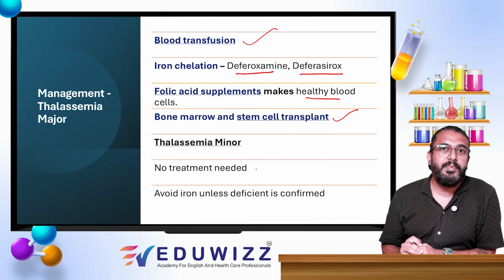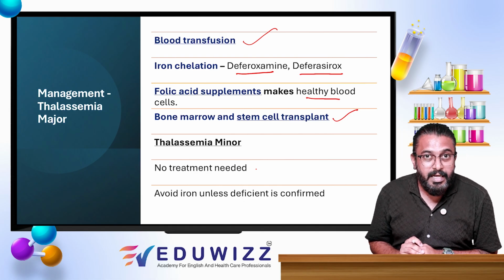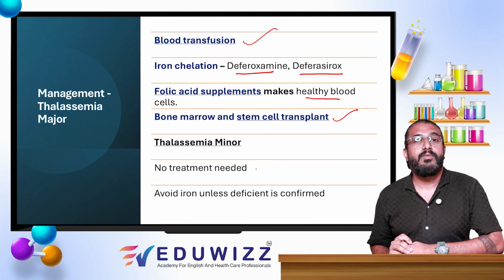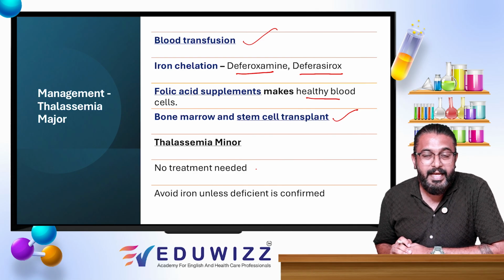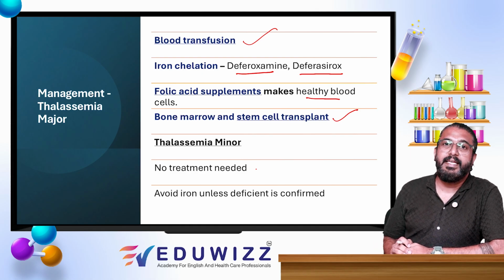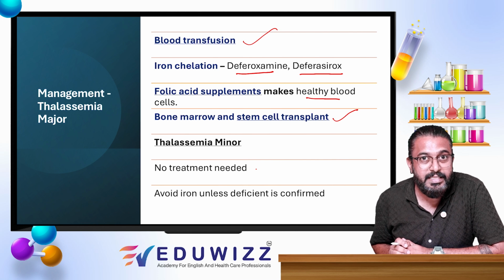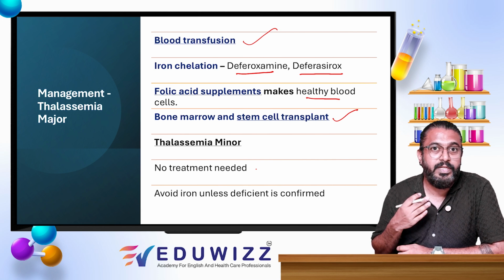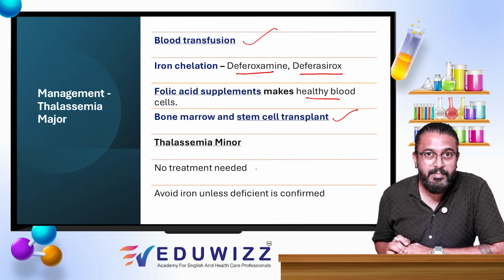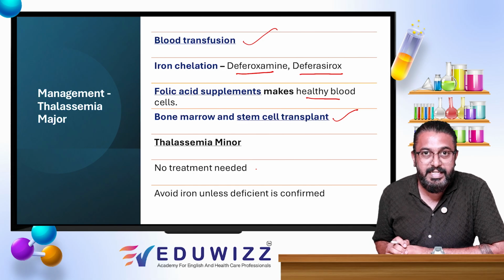And then because the baby will have decreased oxygen, decreased RBC, the child will have tissue hypoxia. So we need to supply O2, and the diet is also important. A high calorie, high protein diet should be given along with folic acid supplements, because folic acid, as we discussed already, is for healthy RBC formation, and because the patient is having hypoxia and breathing difficulty, the child might get fatigued easily.